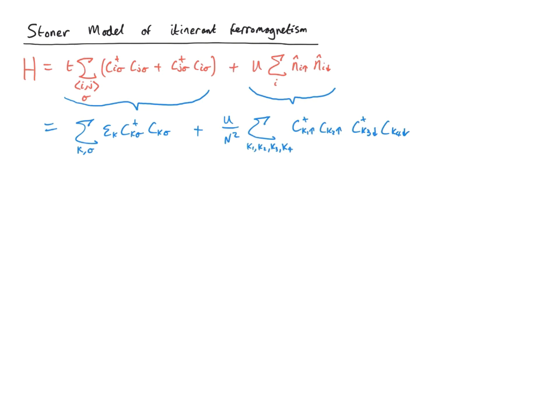But if we imagine a diagram corresponding to this interaction, we'd have something like this. We have an ingoing state, k1 up, that gets scattered into an outgoing state, k2 up, and it does that because of this interaction U, in which on the right hand side we have a state k3 down being scattered into k4 down.